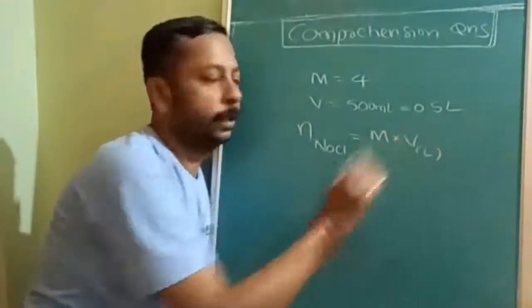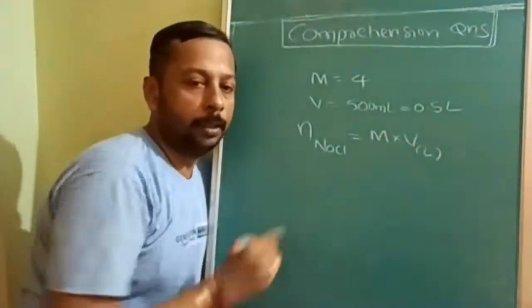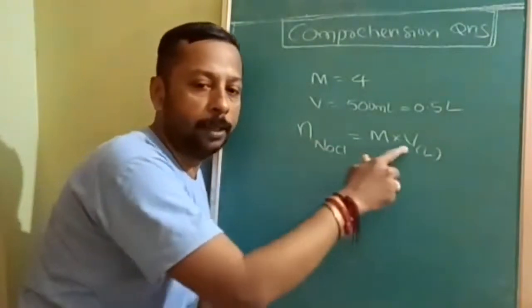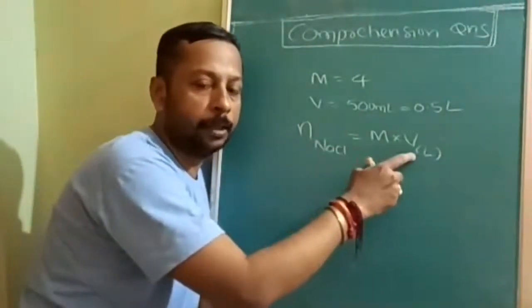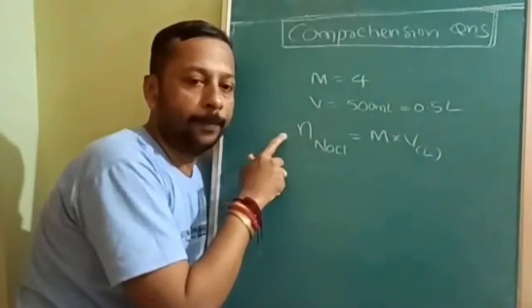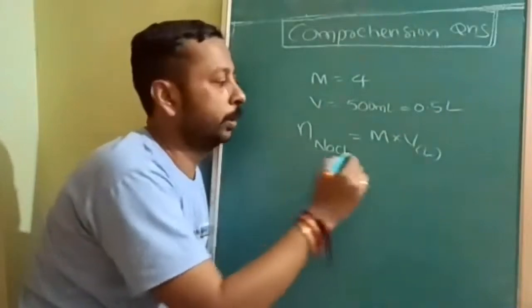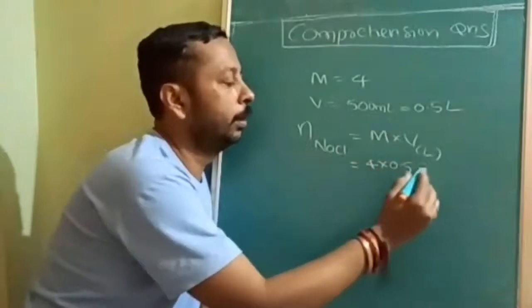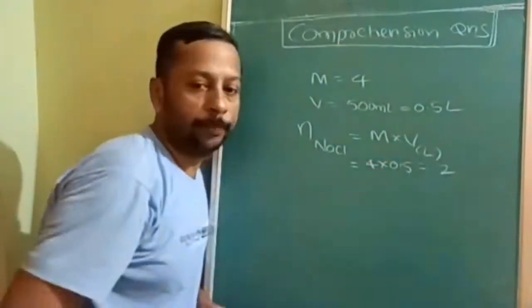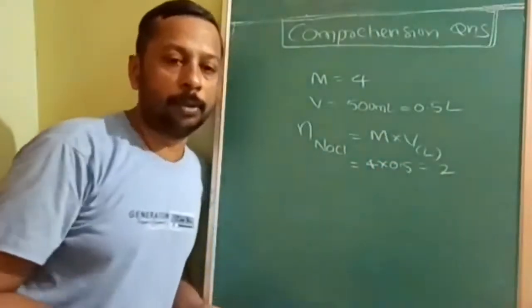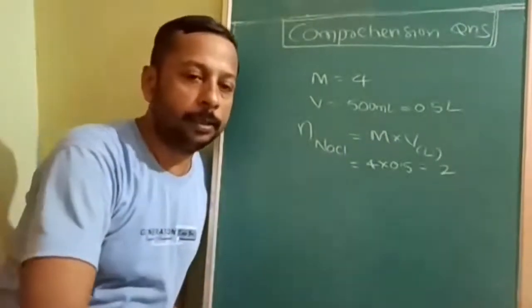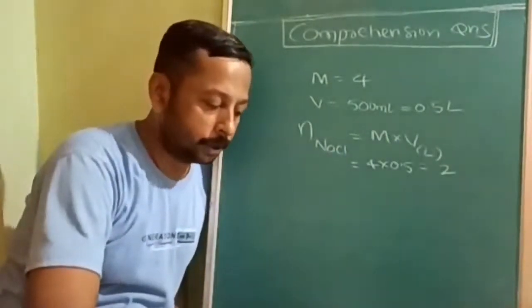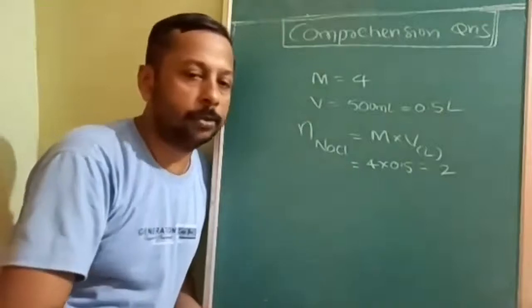If it is in liters, you will get it in moles. If it is in milliliters, then it will be millimoles. So we got 4 into 0.5. How much will it be? 2. So 2 moles of NaCl are present in the given solution.